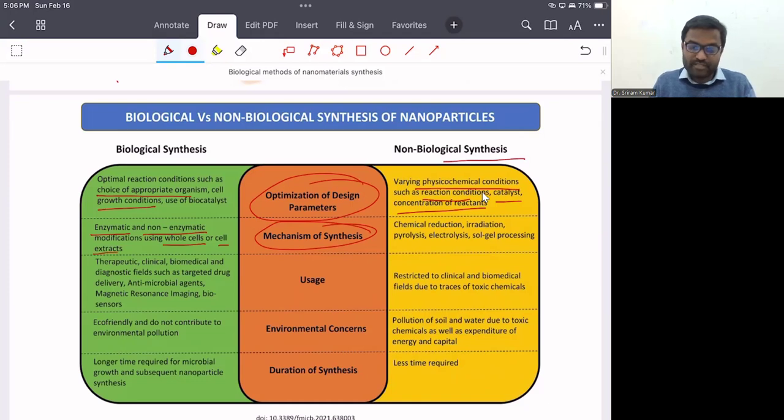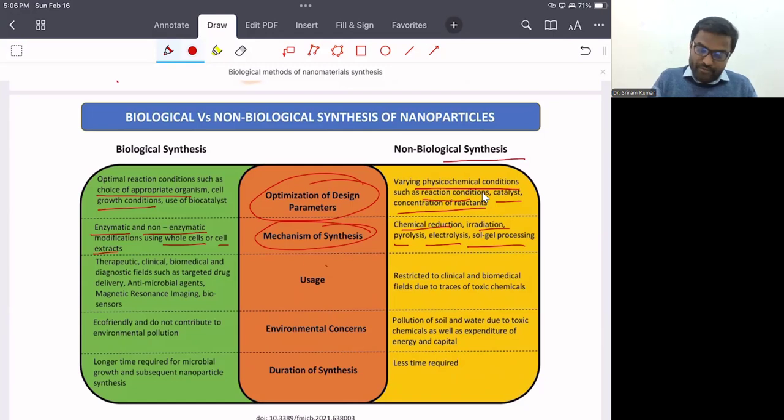So in biological synthesis, we can use either the whole cell or the extract from that biological system, and then we can reduce the metal ion into the metal. However, in the non-biological system, there are chemical reduction, irradiation, pyrolysis, electrolysis, or sol-gel processes. So these are the techniques in the non-biological system.